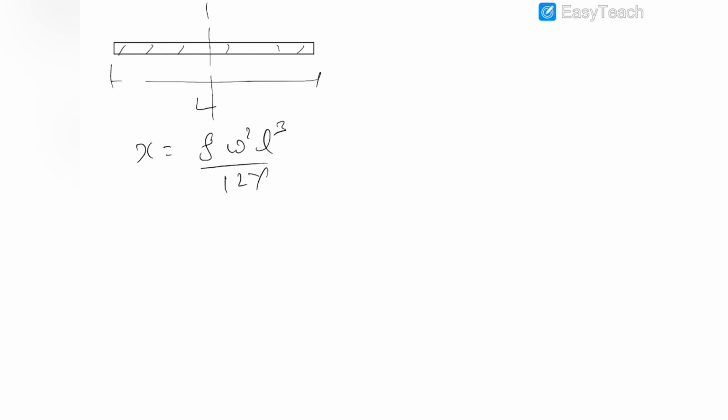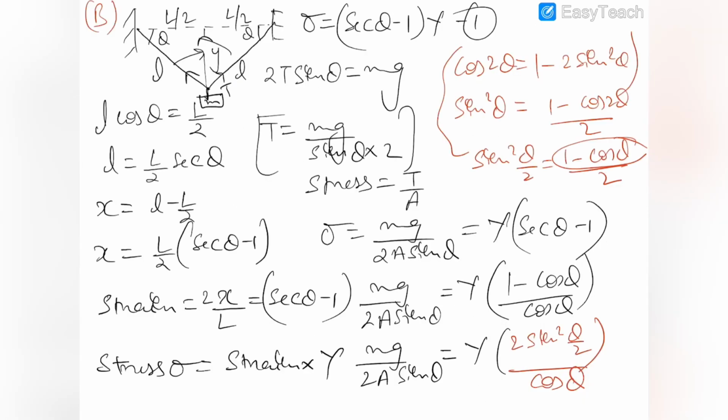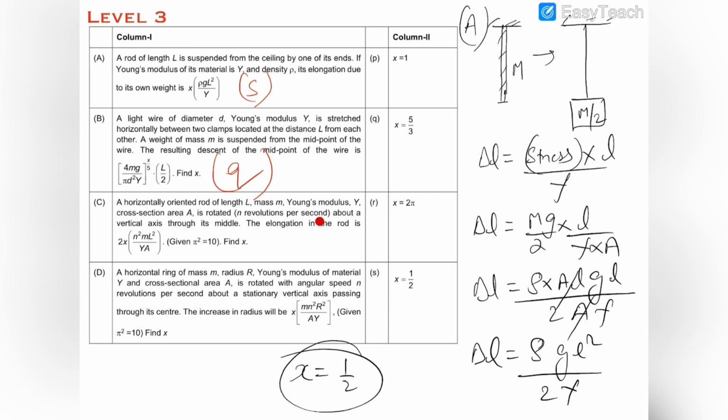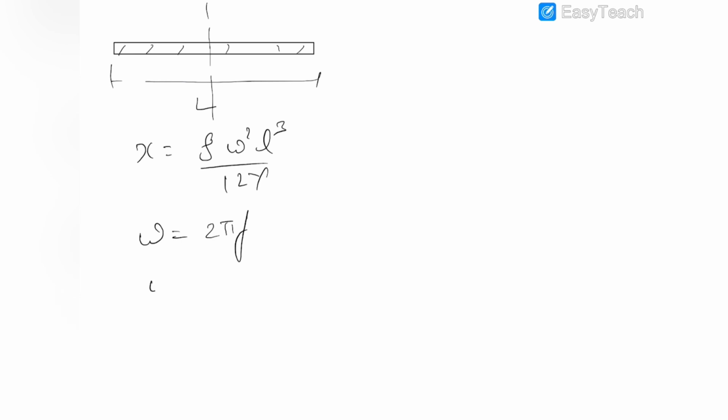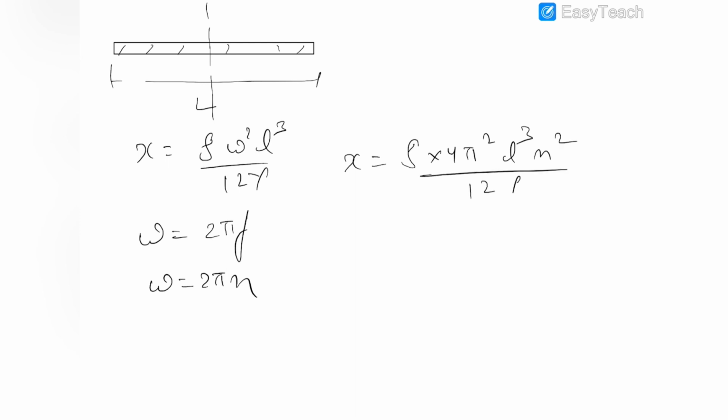Now omega is 2 pi f and the frequency is given as n revolutions per second. So we can write down omega as 2 pi n. So x is equal to rho into 4 pi square L cube into n square by 12 gamma, and cancelling with 12, it is rho pi square L cube n square by 3 gamma.